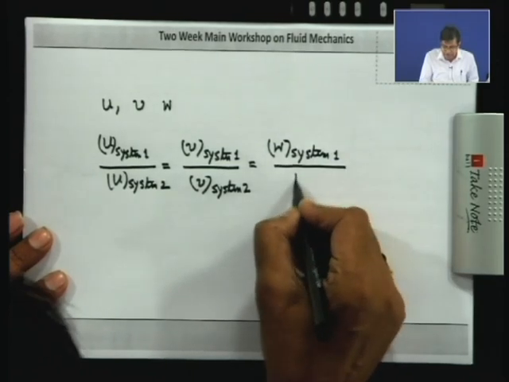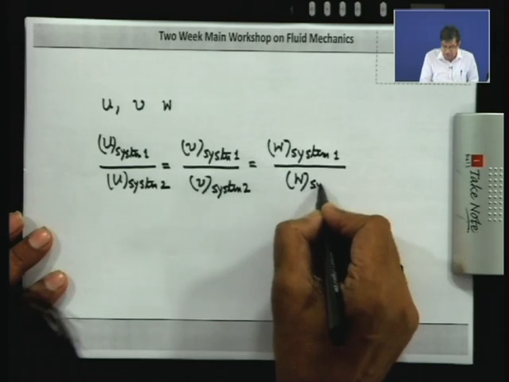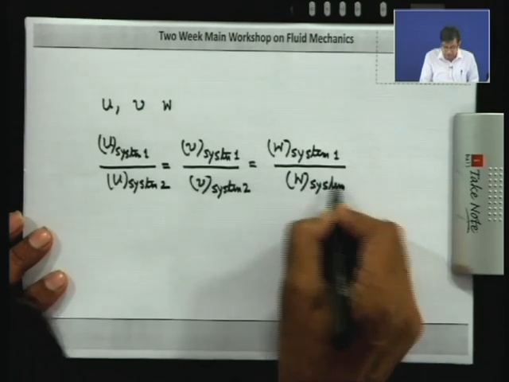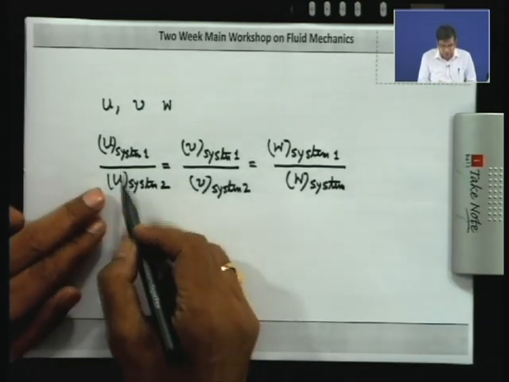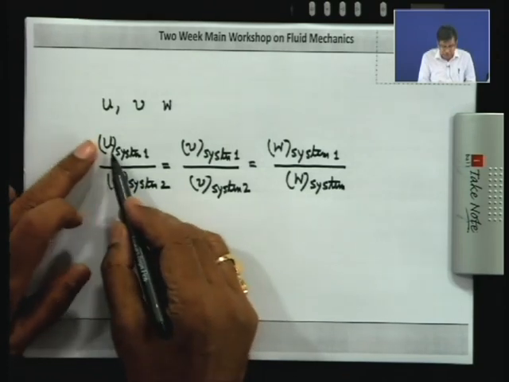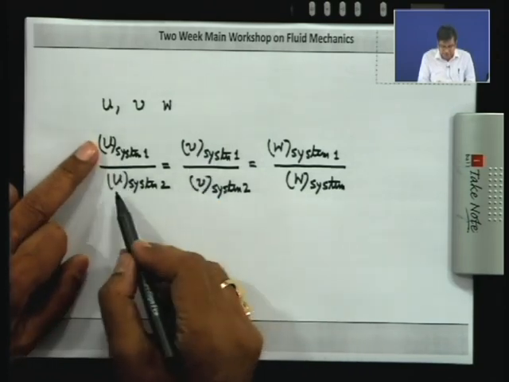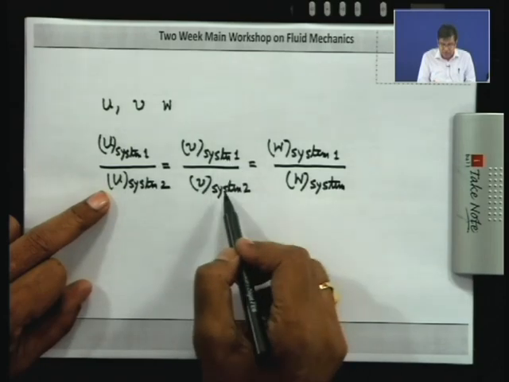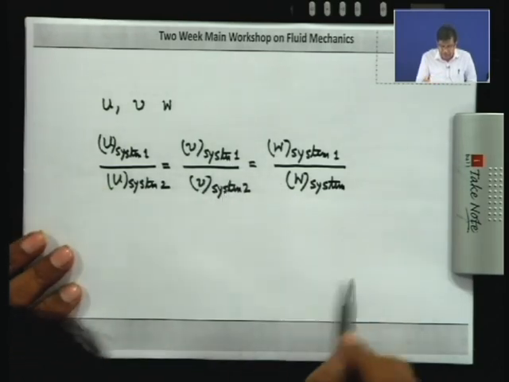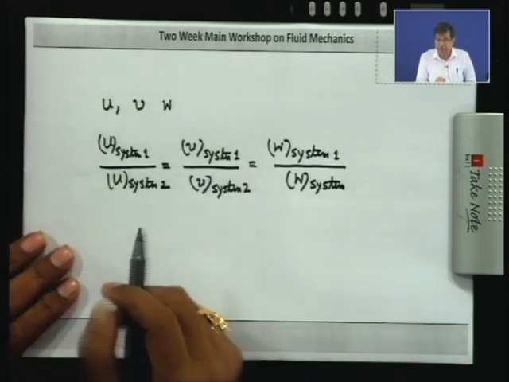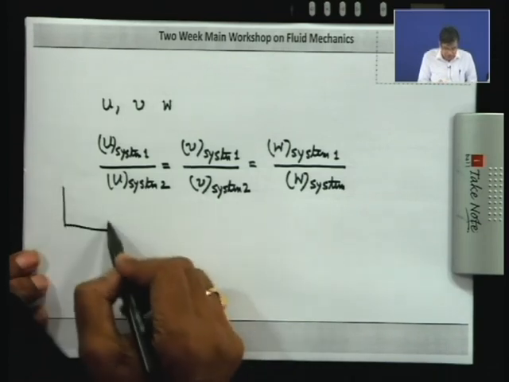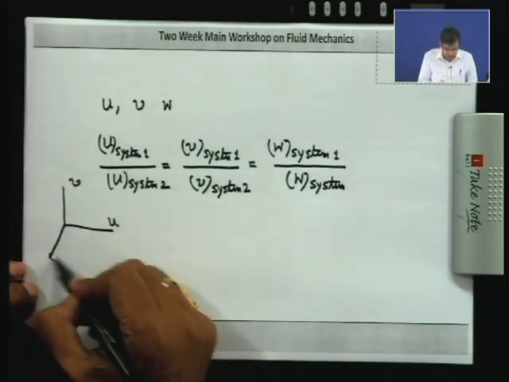That is the kinematic similarity, that means at the corresponding points the ratio of the corresponding velocities will be same. Or you can write u of system 1 divided by v of system 1, u of system 2 divided by v of system 2, and this has to be valid at corresponding points, for the velocity components u, v, w, for example in a Cartesian coordinate.